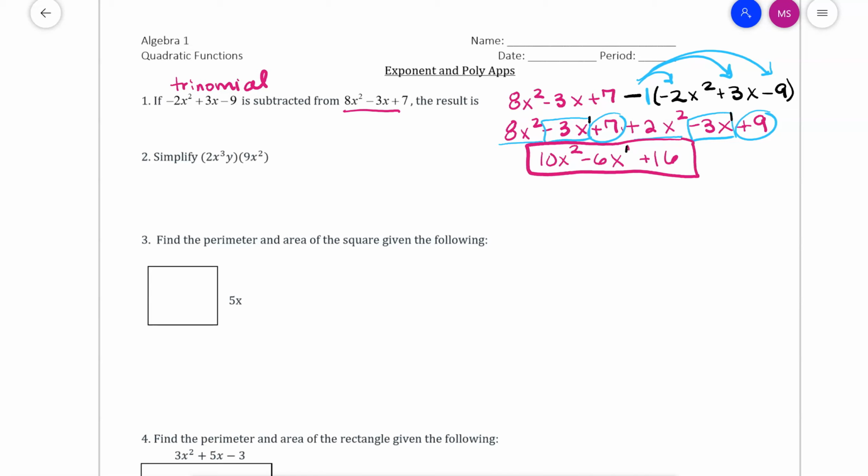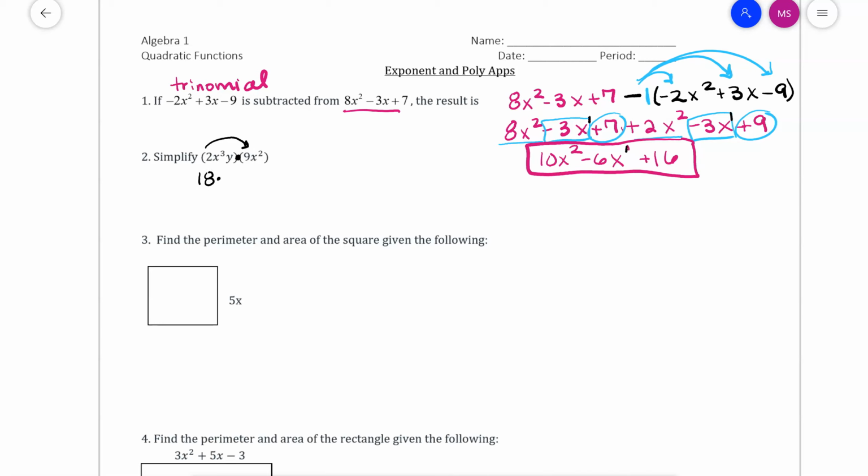Number 2 is a question from this week's Delta Math. So we are going to just use that distribution property in addition to the exponent rules. So we are multiplying. That's what the parentheses means. There is no symbol in the middle, so we just assume that it is a multiplication. So 2 times 9 gives you 18.